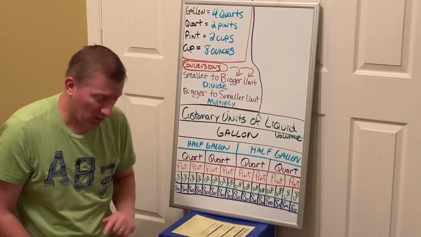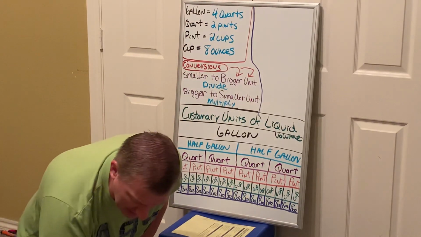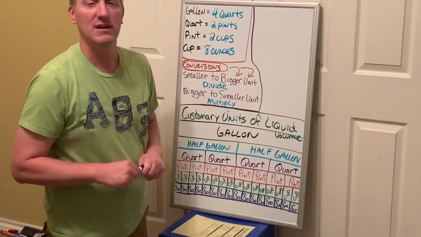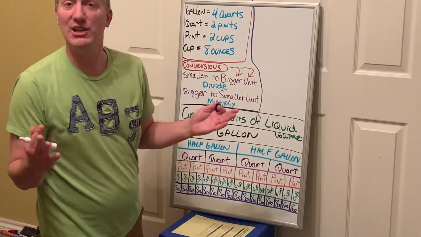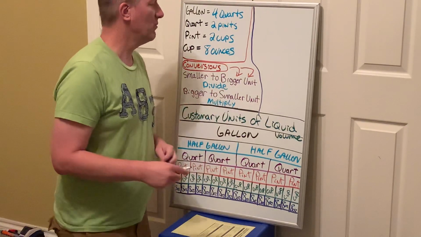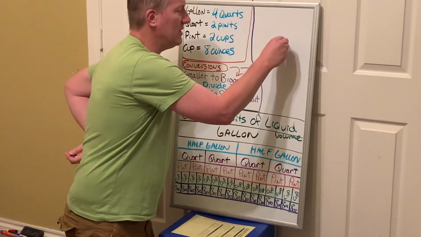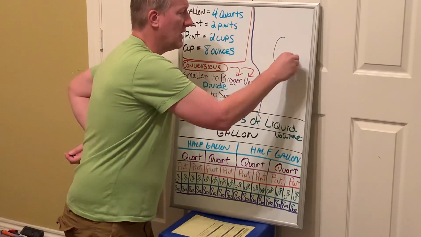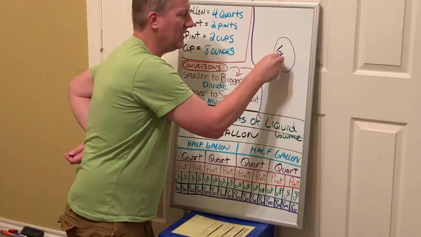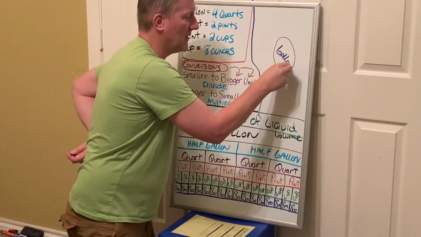All right, now another thing to remember this by is something I call Gallon Guy. You can call it Gallon Girl, you can call it Gallon Person, whatever you want to call it. What you start off with, in the middle, is 1 gallon.